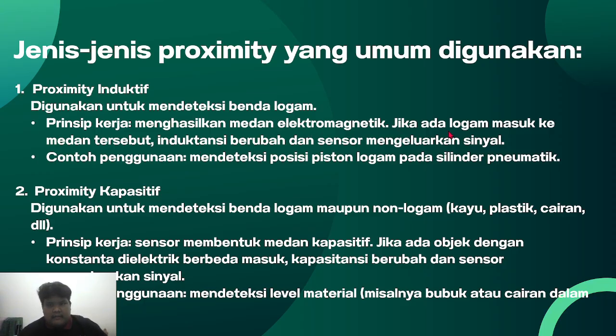When a metal object enters the field, the inductance changes and the sensor outputs a signal. An example of use is to detect the piston position in the pneumatic cylinder.